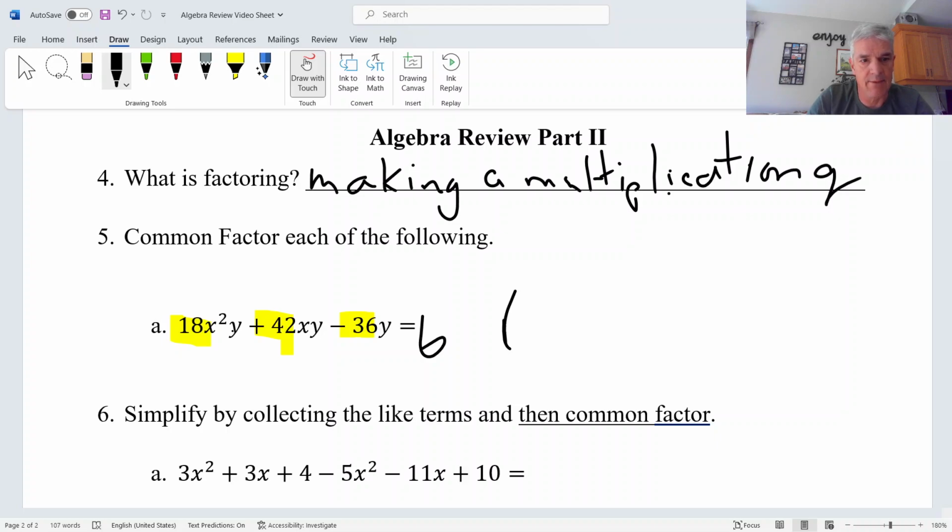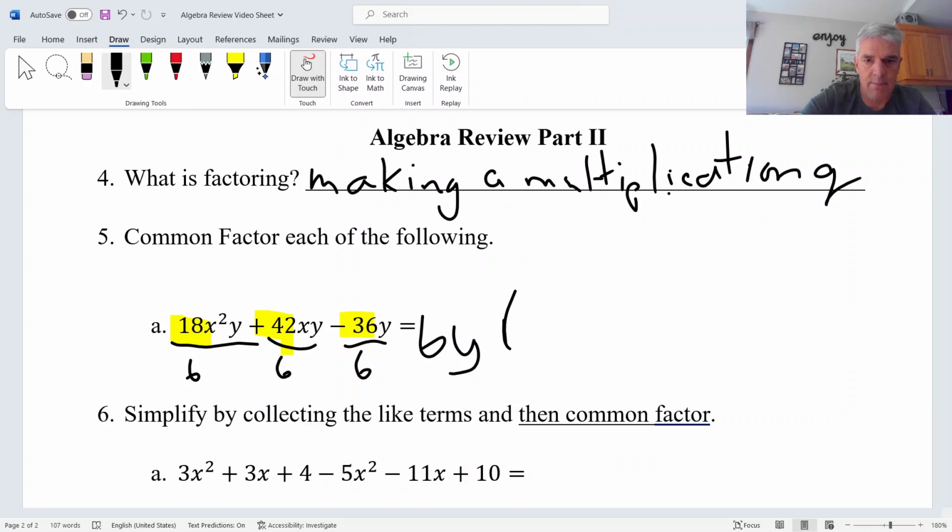But notice I have a y here and a y here. So y is common to all 3 terms. Therefore, I can write a y out in front. What that essentially means is that I'm going to divide each of these by 6, okay? Each number will get divided by 6, and I'm going to take a y off of each one, but the x's will stay because I wasn't able to take an x out.